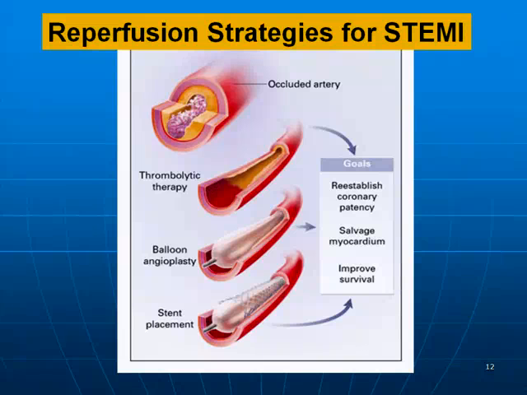So, the definitive therapy needs to be done after you give lytic therapy. The advantage of PCI is that you can open that artery up, you can dilate it properly with the balloon, you can put a stent in, and generally that's the management for that artery, and you don't need to go back in and do anything else with that artery down the road, at least during that hospital stay.